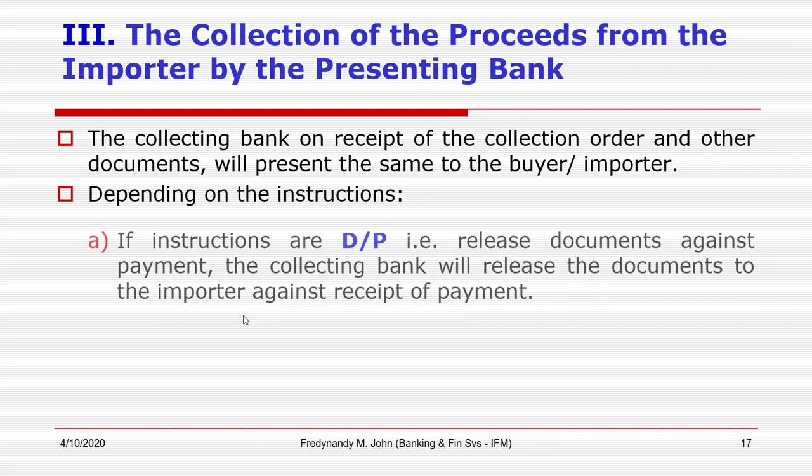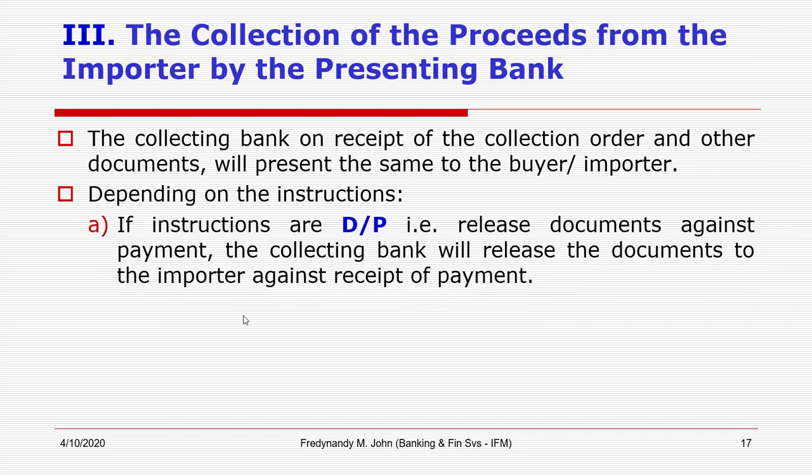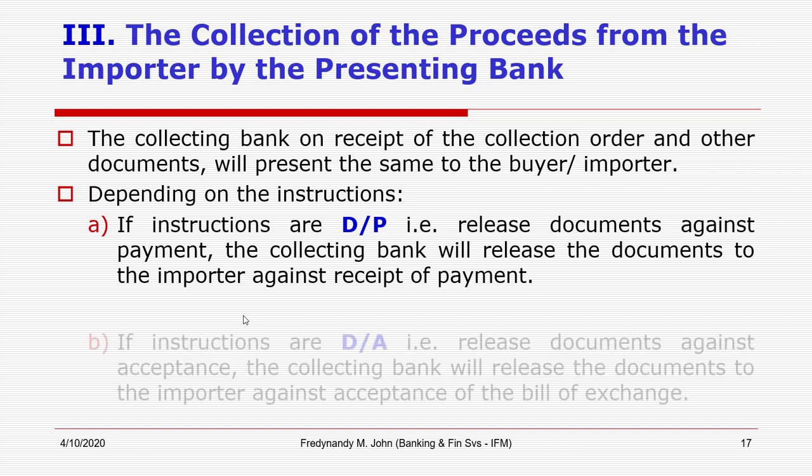For example, if instructions are for the document against payment, here the banker is required to release documents only if the buyer, that is the importer, makes payments. Short of that, the banker will not release the documents.